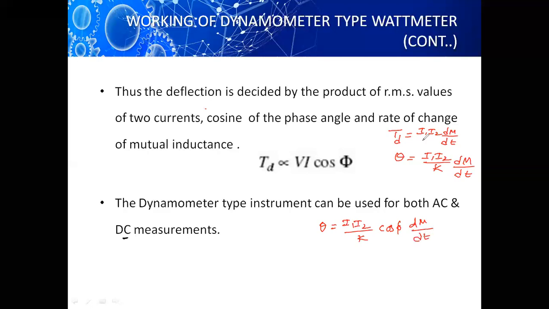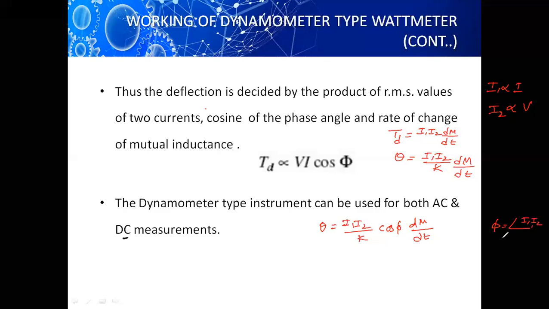Now here we had I1 proportional to the current through the current coil, which is proportional to the load current, and the current through the pressure coil or moving coil is proportional to the voltage. And phi is the angle between I1 and I2.